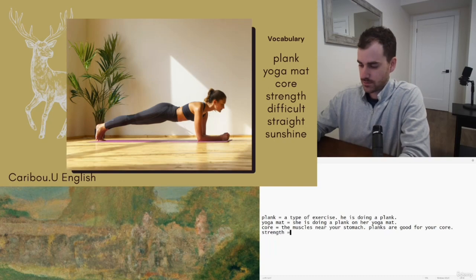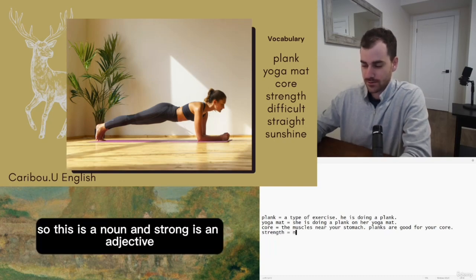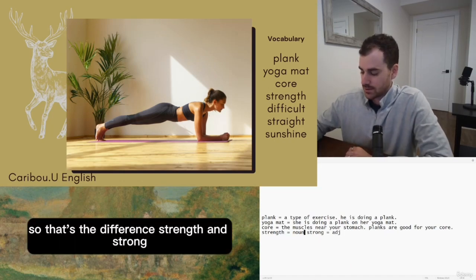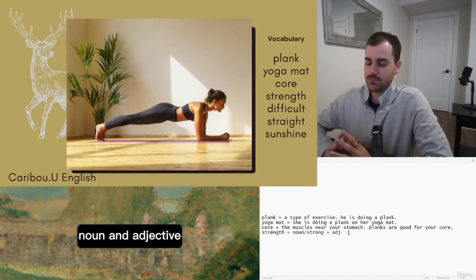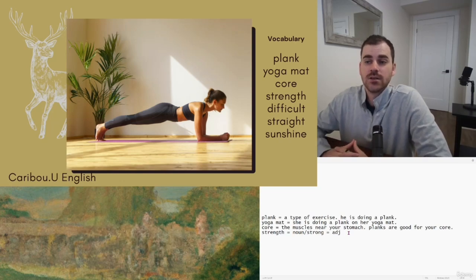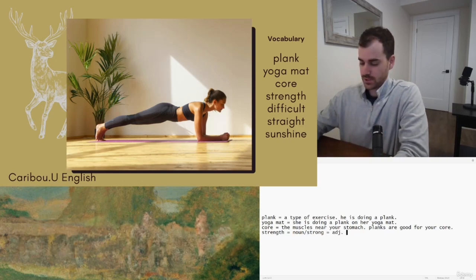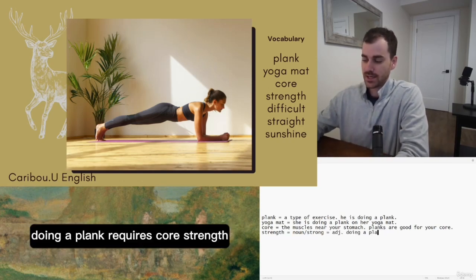Strength. So this is a noun, and strong is an adjective. So that's the difference. Strength and strong. Noun and adjective. So we can say that doing a plank requires core strength. Doing a plank requires core strength.